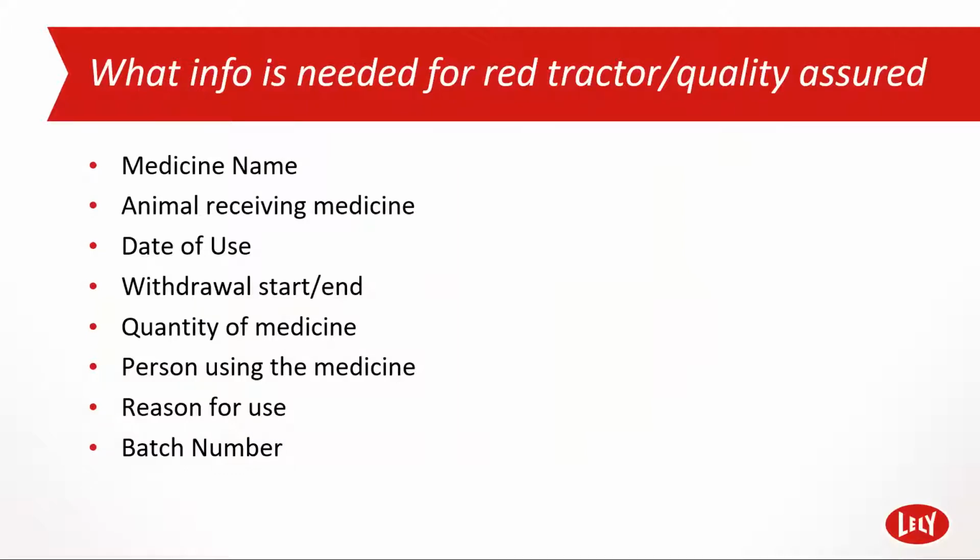So you'll need the medicine name, animal receiving the medicine, which will be your animal number, linked to our ear tag, date of use, which you'll have to put in, withdrawals, which we'll have in as well, quantity of medicine used, person using the medicine, reason for use, and also a batch number.